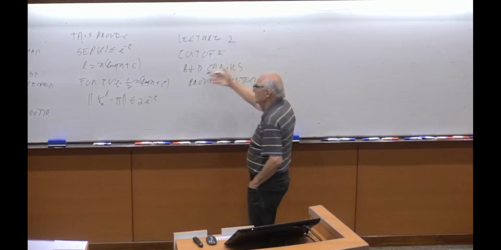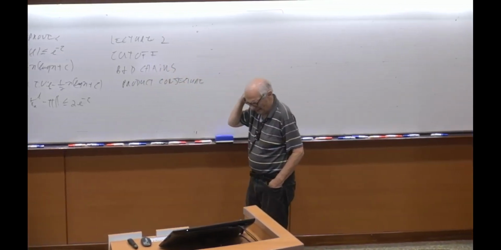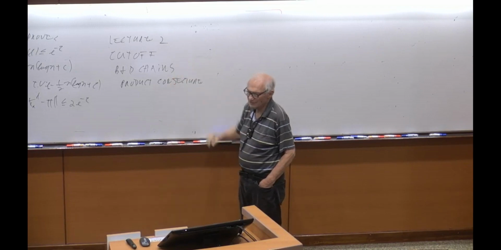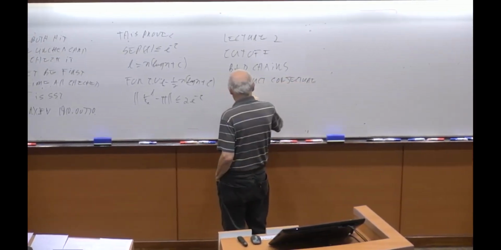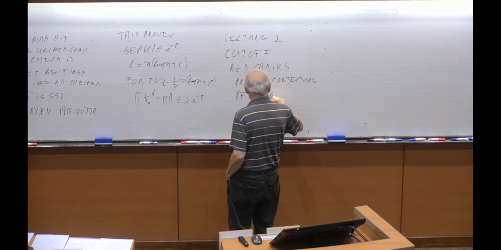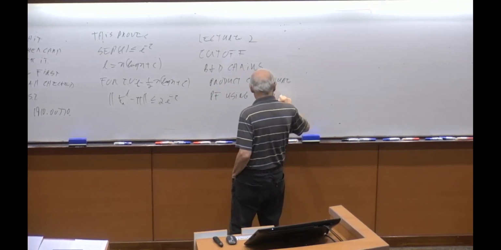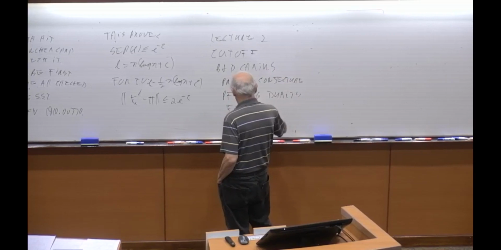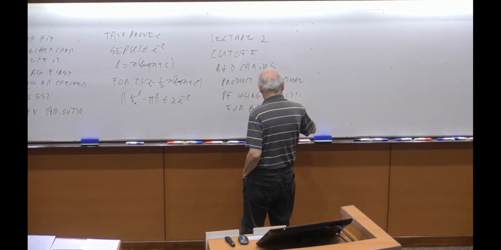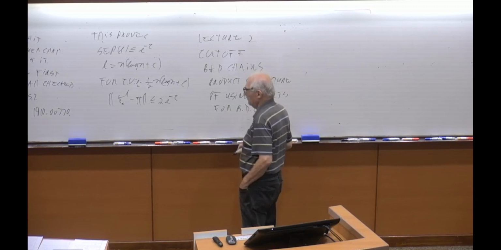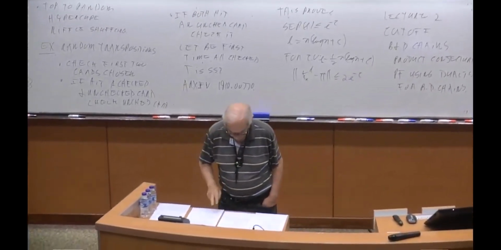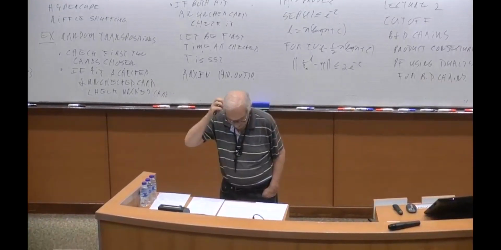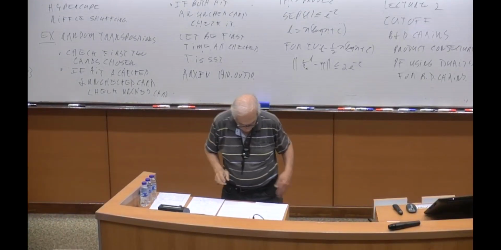And I used duality to represent the dual of a birth and death chain as a birth and death chain, and then you could prove it using duality for birth and death chains. So that was lecture 2, and they'll all be in the movies, and they're all online.